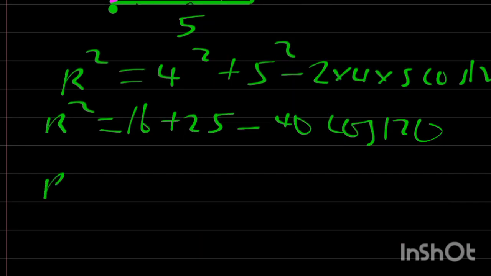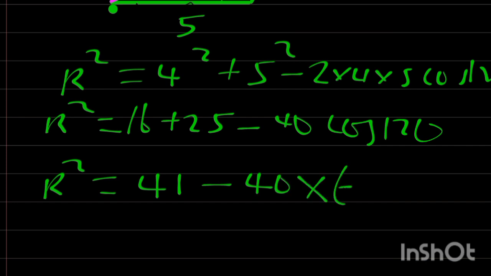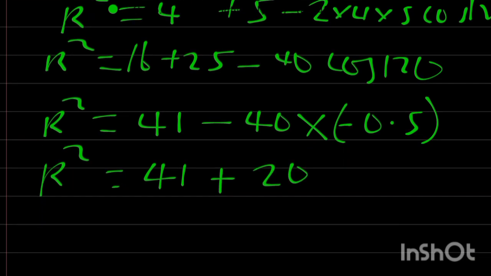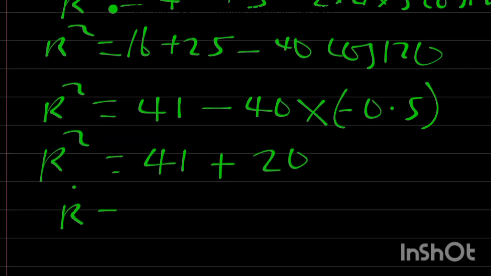Therefore, R squared is equal to 41 minus 40 times minus 0.5. R squared is equal to 41 plus 20. Then R squared is equal to 61.